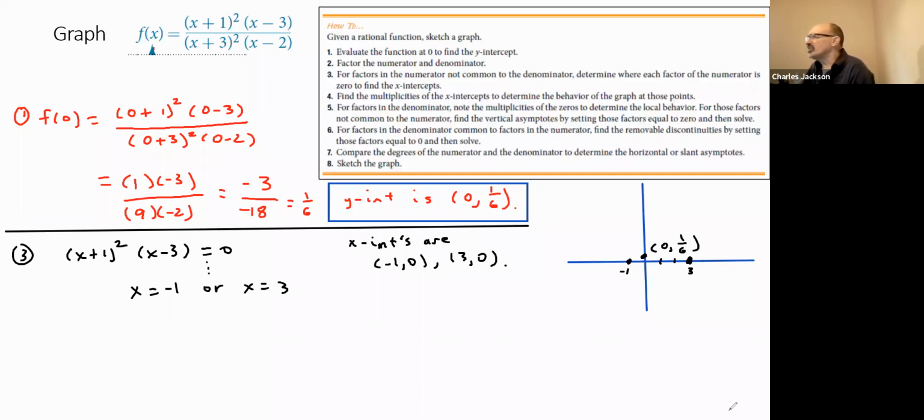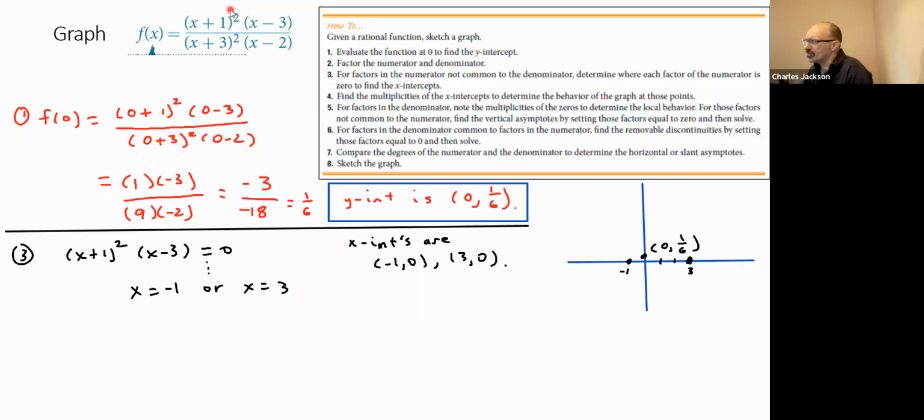Find the multiplicities of the x-intercepts to determine the behavior of the graph at those points. Okay, well, the x-intercept -1, 0, we got from this factor here.